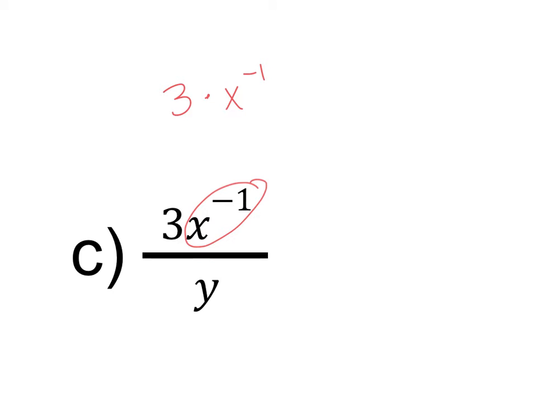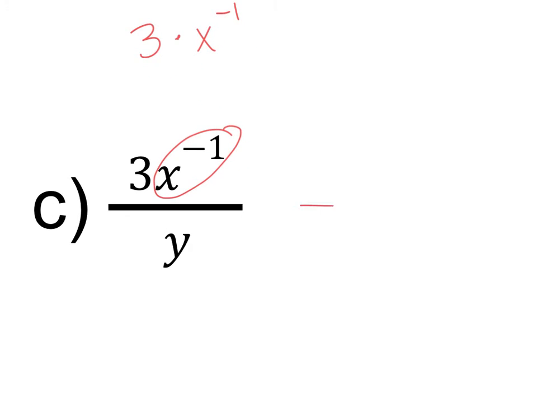It will be in your denominator, so it would be x to the first. The 3 is still in the numerator because it did not flip, so it stays up there. And the y is just hanging out, so it's going to be in the bottom. So now I have 3 over x to the first y, or you don't have to write x to the first power. You could have just written 3 over xy, because we know anytime there is no exponent, it's 1.